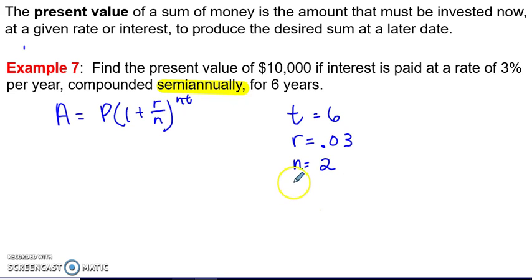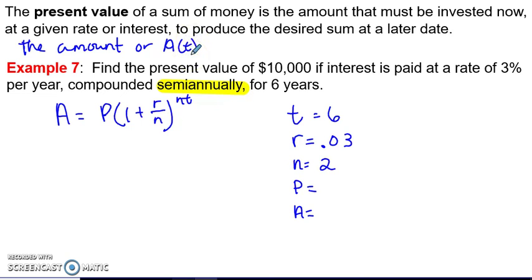Well, I really just need to figure out if I have a P and if I have an A. When they talk about the present value, it's saying that the present value is our absolute amount. So present value is also saying the amount, or your A of T value.